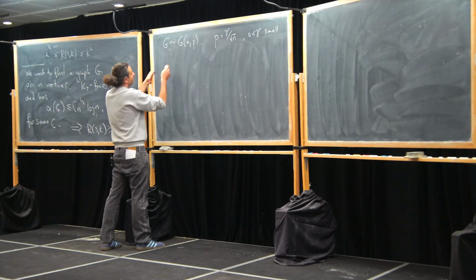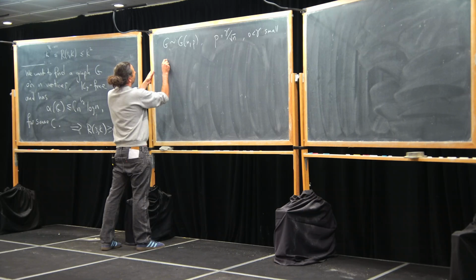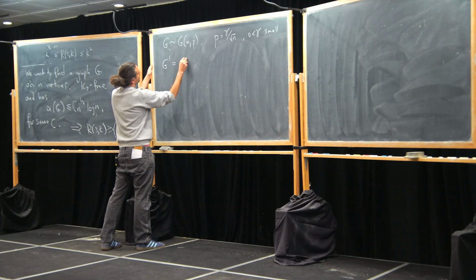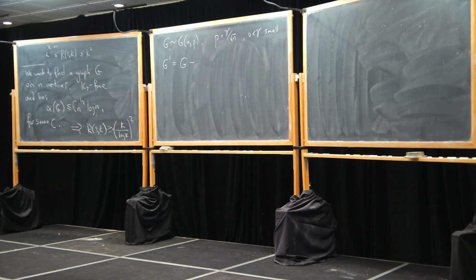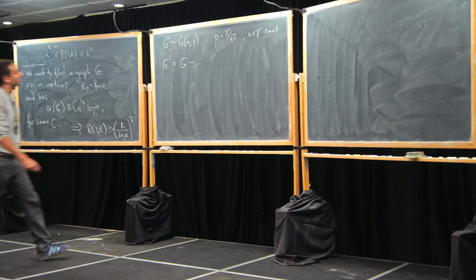Then we'll define a new graph G prime to be G minus an edge from every triangle. Here I'm going to be a little bit tricky. It turns out any maximal subgraph will work, but we're going to be a little more clever about how we choose it, and it will make our lives a lot easier.